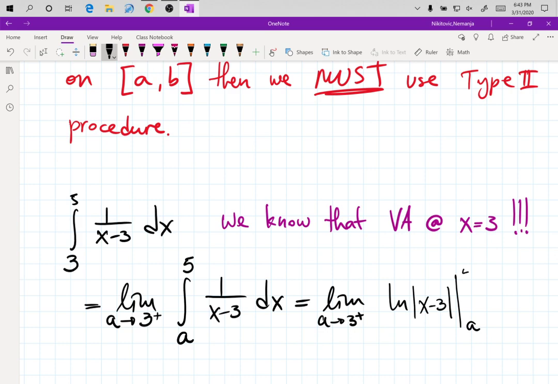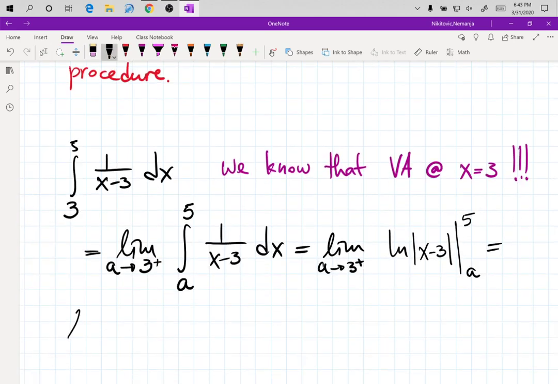From a to 5. So we get ln of 2 minus ln of a minus 3.